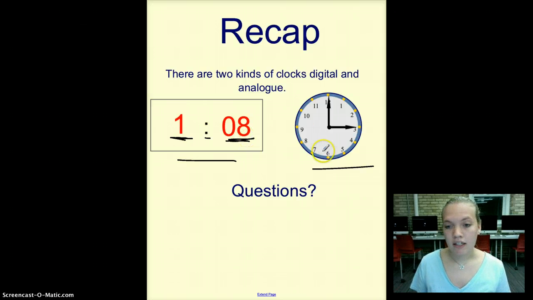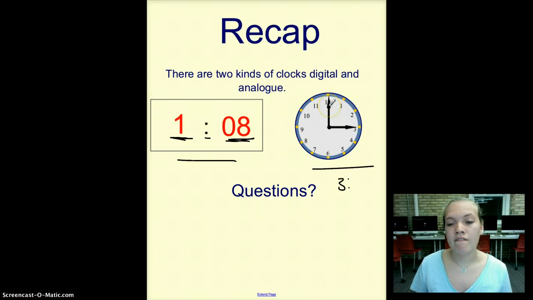When reading an analog clock, we have to look at the hands, these things here. So for the hour, we have to look at the shorthand and see which number it's pointing right to. So here we have a 3. So we know the hour is 3. And then we look at the minute hand. But we have to remember that we can't just say the number that this is pointing to.